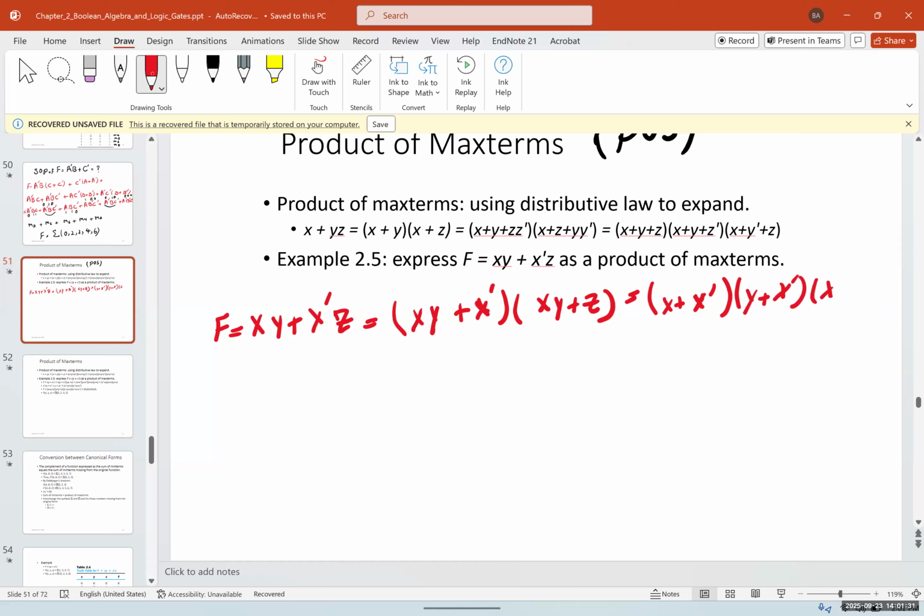Let me finish, then you can write it, because I want to double check it as well. This would be equal to x prime plus y, times x plus z, times y plus z.